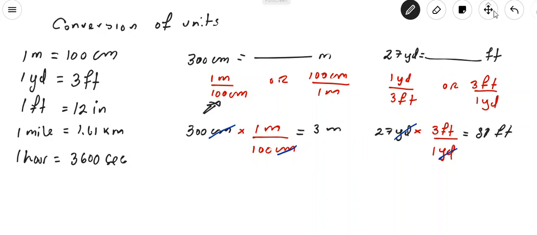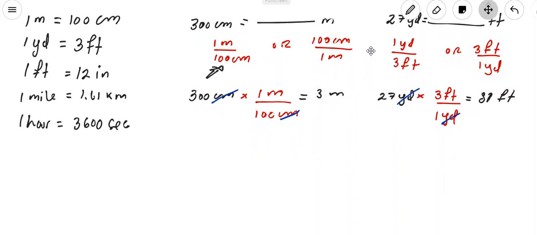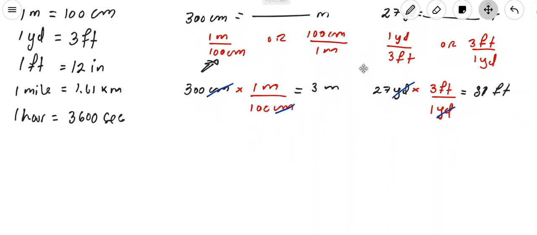Let us complicate this a little bit. So I'm going to make a conversion now that is going to be miles per hour into kilometers per hour. So suppose that I have 60 miles per hour, and I want to convert these 60 miles per hour into kilometers per hour.